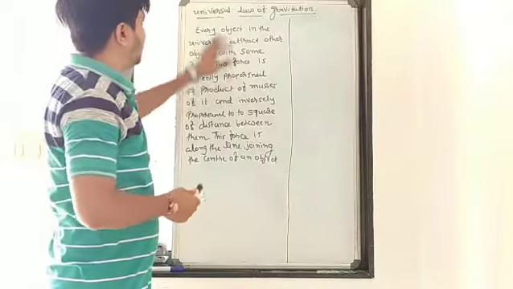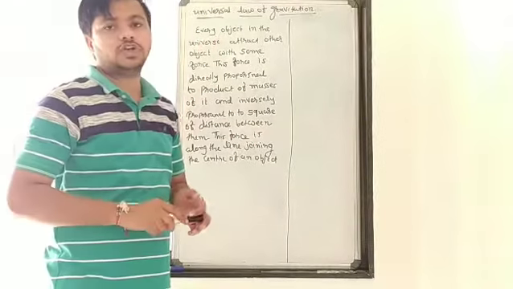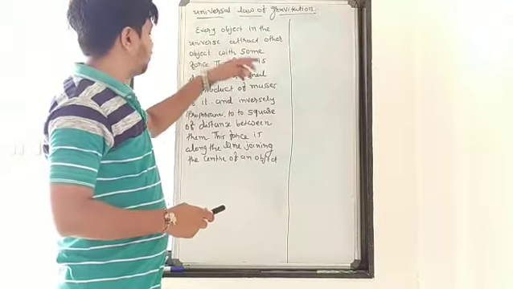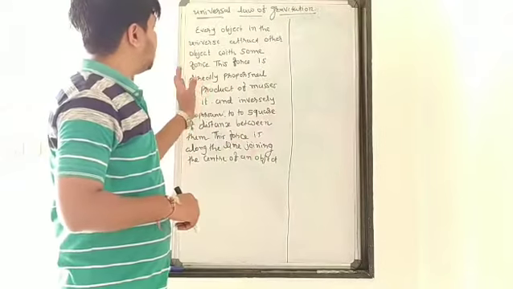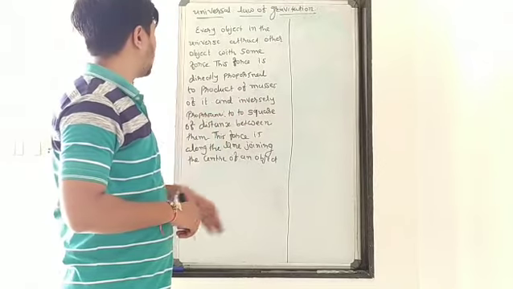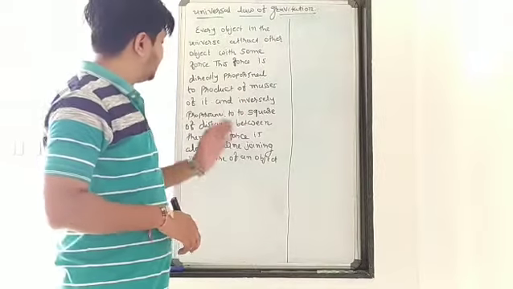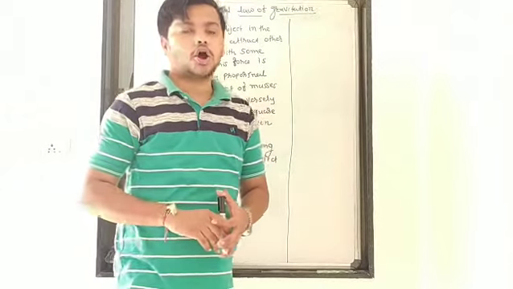Now here it is the law of gravitation, right? Means it is the statement of the universal law of gravitation: every object in the universe attracts the other object with some force which is directly proportional to the product of their masses and inversely proportional to the square of the distance between them. This force is along the line joining the two centers of the objects.